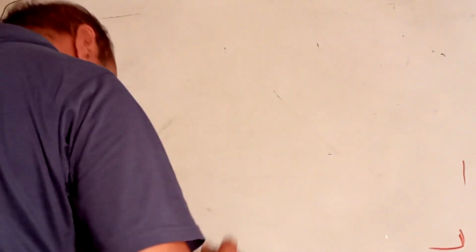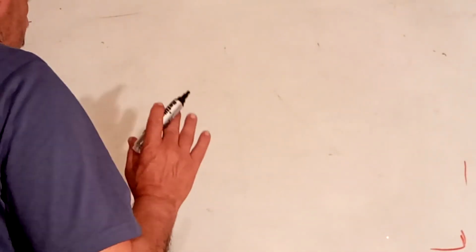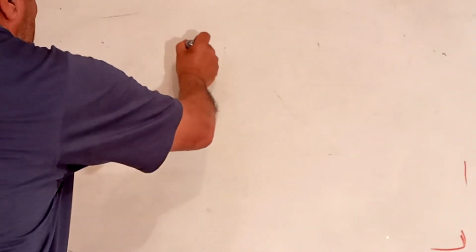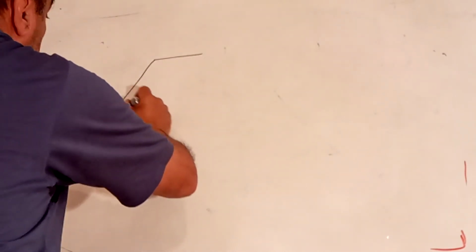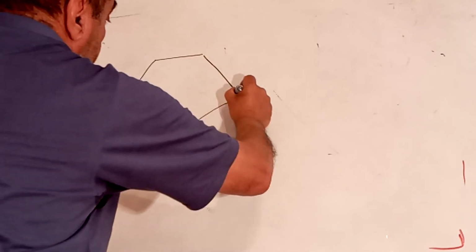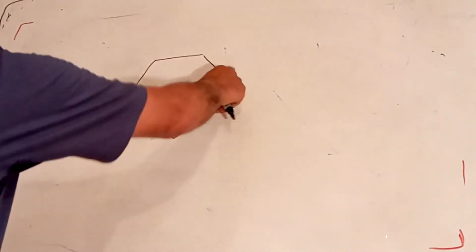Let's go with question number 2. We have this. He said pentagon, regular pentagon. Pentagon means it has 5 sides. So it will look like this. 1, 2, 3, 4, and 5. Pentagon.